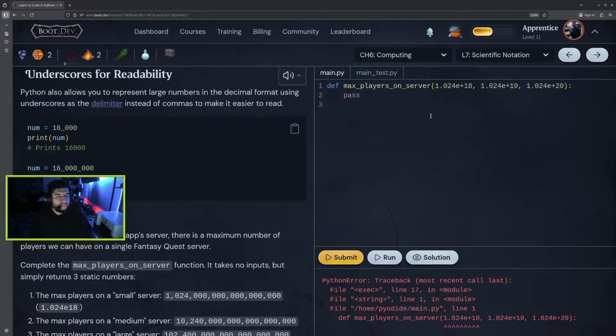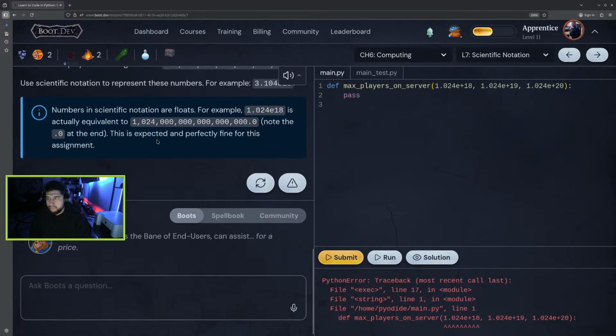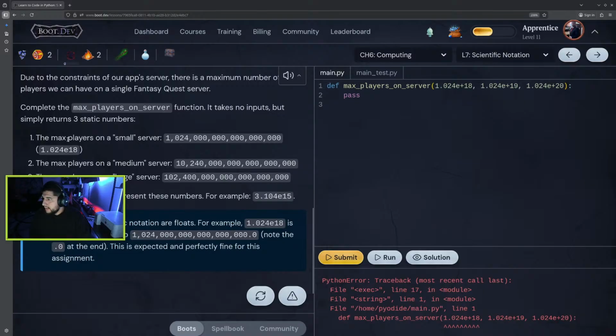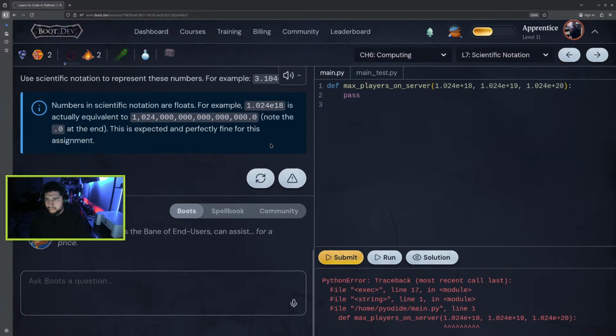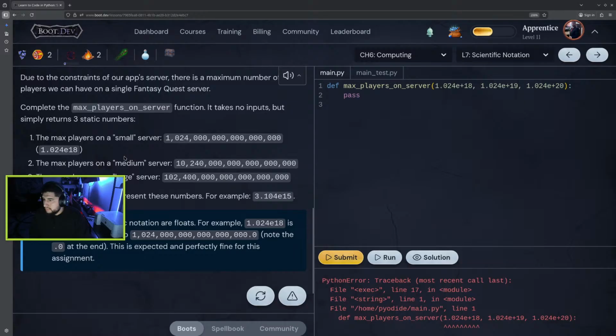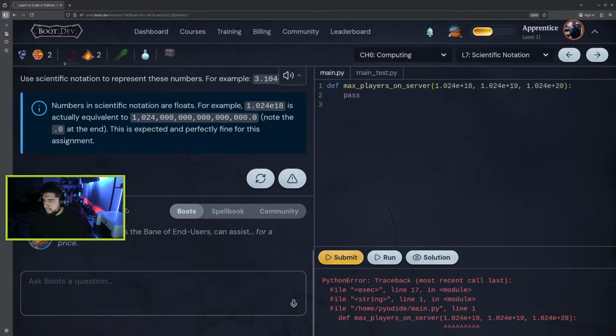File error. Max players on a small server. Okay, I'm going to need help because I don't get what exactly I'm supposed to do.